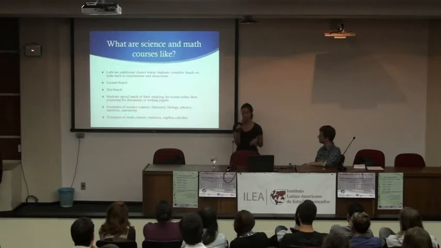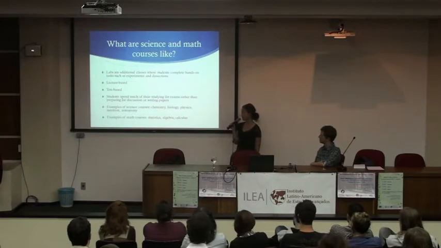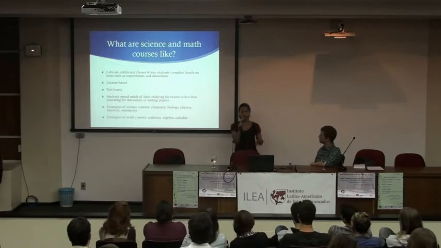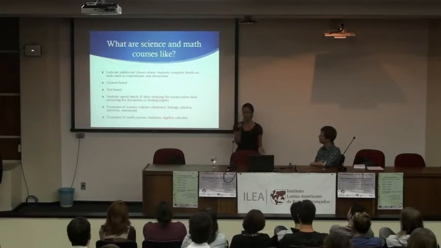They're just an extra class that you have to go to in addition to a more lecture-based science or math class. Science and math courses tend to be lecture-based and test-based, so it's usually a professor explaining theories to the students rather than the students discussing. And instead of writing papers, the students will spend a lot of time studying for their exams.